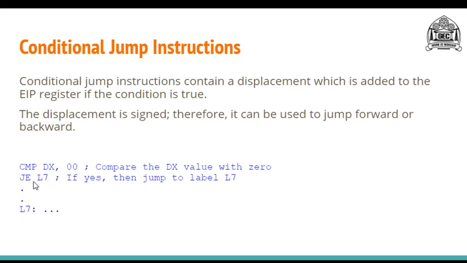So this instruction will perform the jump only when DX and 0 are equal. That means it is jump when equal. It will transfer the control to label number 7, and then all the statements grouped under label number 7 will be executed. So this is how a conditional jump is executed in your assembly language program.